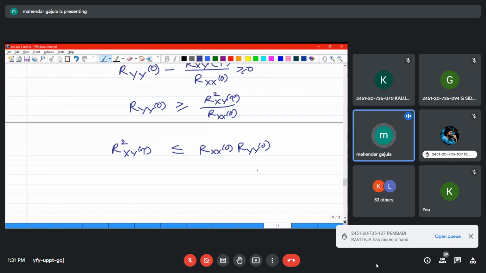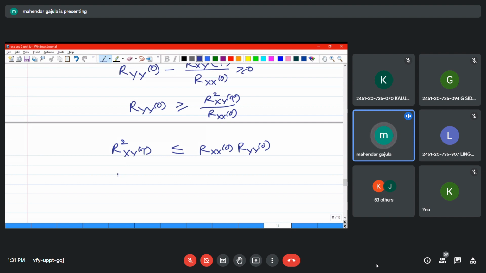On taking the square to the right side, it becomes plus or minus, so I am going to represent the plus or minus with mod. So the magnitude of r_xy(tau) is less than or equal to the square root of r_xx(0) r_yy(0). This way you have to prove it.